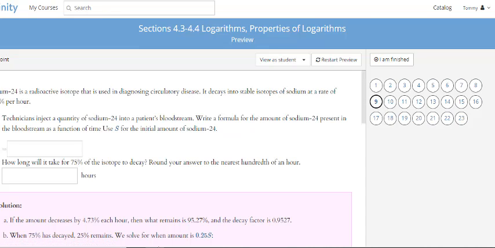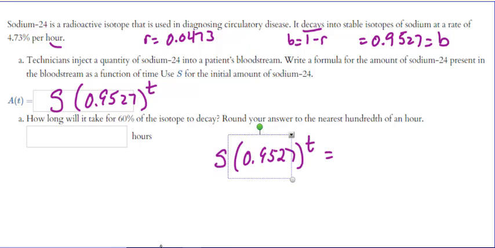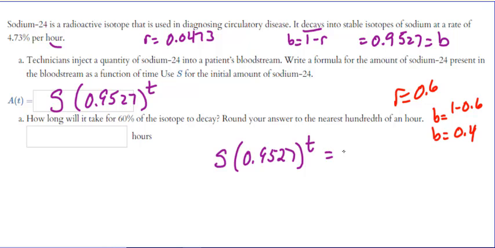Let me check. Yeah, okay, I was right, because they gave it to us as a rate. So that's 60%, so the rate is 0.6. The base is 1 minus 0.6, which equals 0.4.